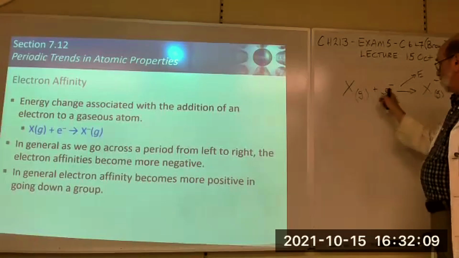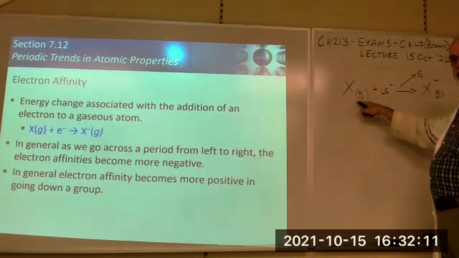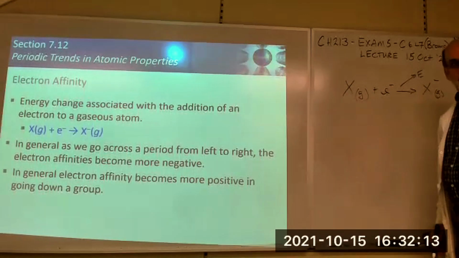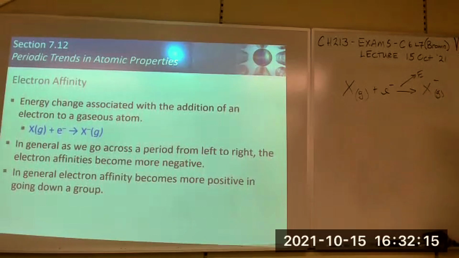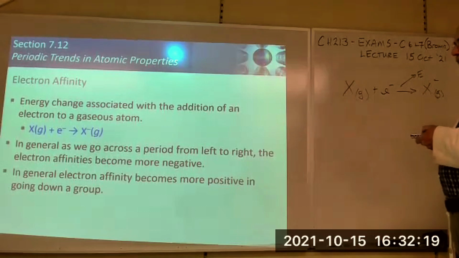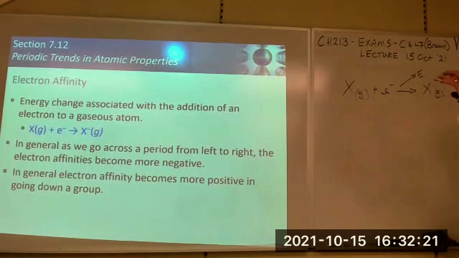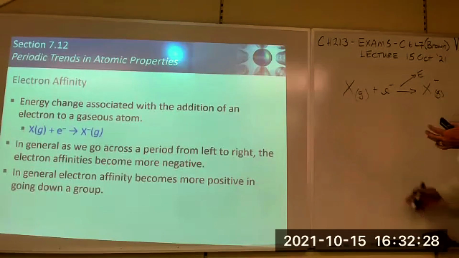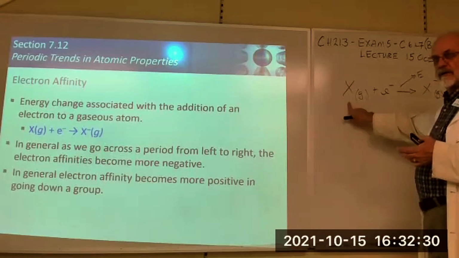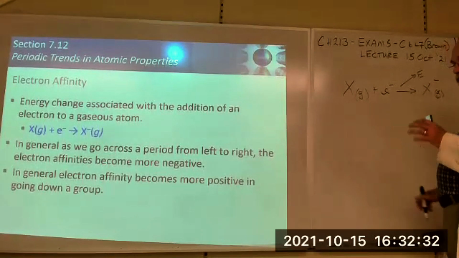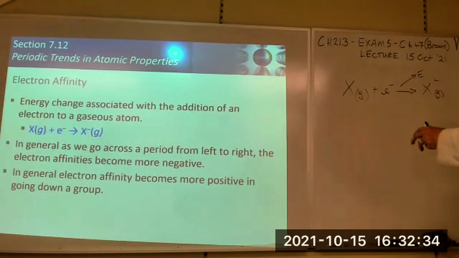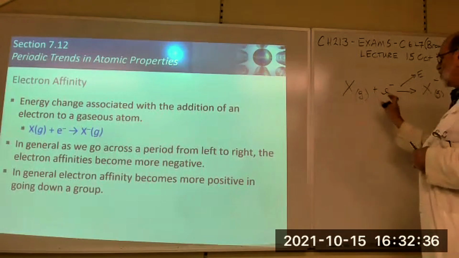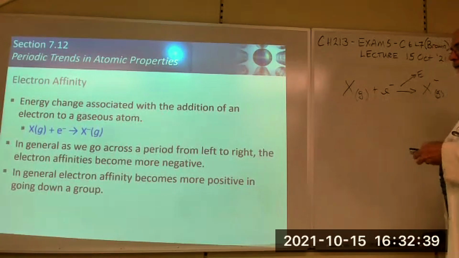As you add an electron, you should get some energy out. So the electron affinity is not exactly like ionization energy. I mean, it's not the reverse, because we're not starting with an ion here. We're starting with a neutral atom. So it's a different concept, but it measures the strength of attraction of an atom for an electron.